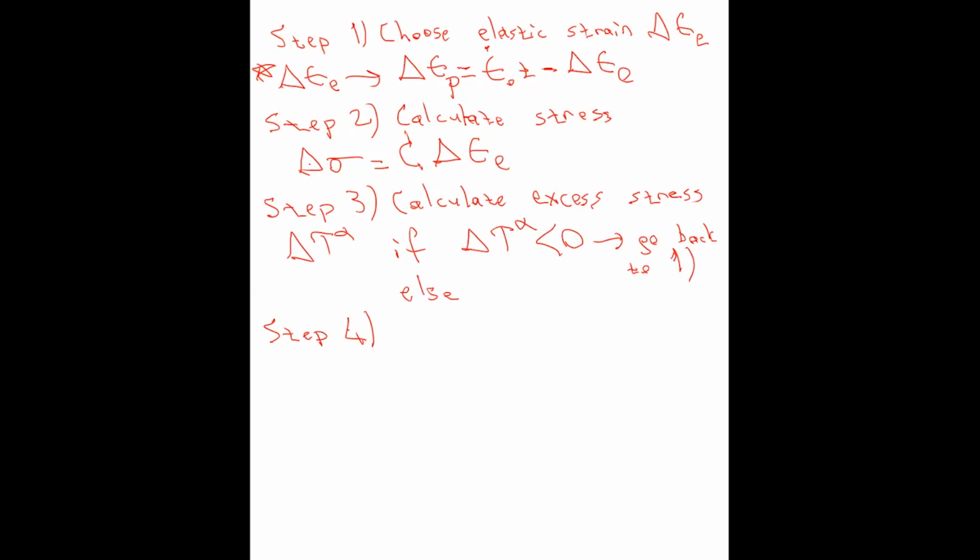Where the excess stress delta tau is greater than 0, then calculate the speed, the shear rate, and the dislocation density. You have all the formulations in the previous slide.